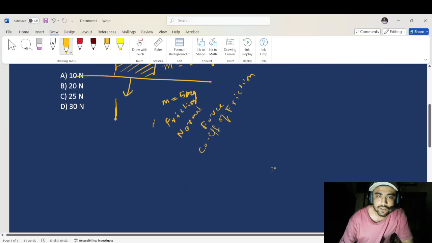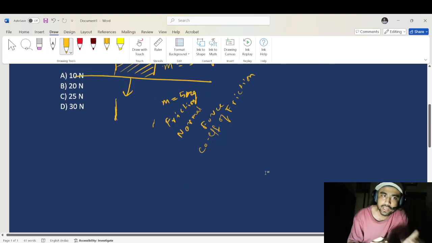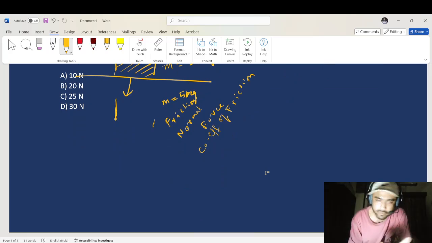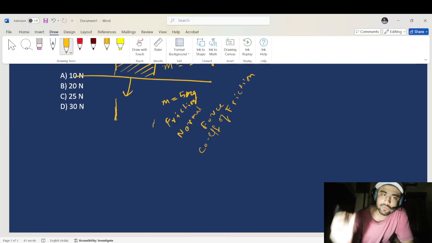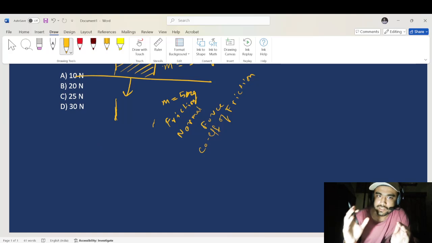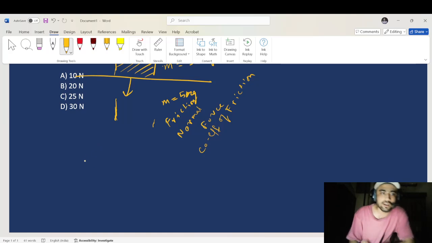I'm assuming that if you are staying and solving along with me, then you have a basic understanding of this chapter. Even if you don't, I can assure you that within a couple of weeks, I'll be teaching you the basic theory about this chapter. So let's just jump into this numerical.